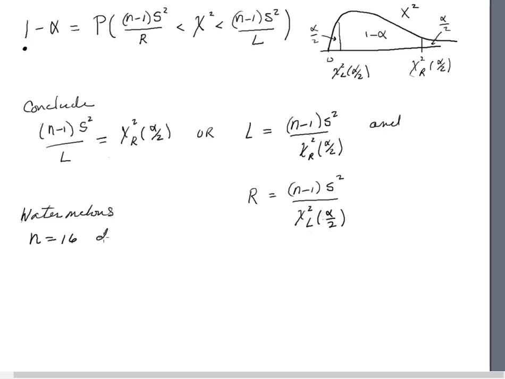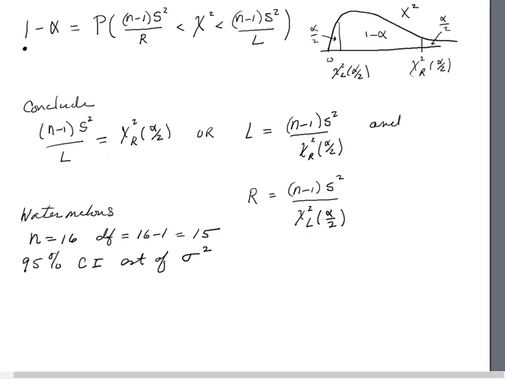That means that our degrees of freedom would be 16 minus 1 equals 15 degrees of freedom. And we want to have a 95% confidence interval estimate of the variance sigma squared, 95% confidence interval estimate of that variance.